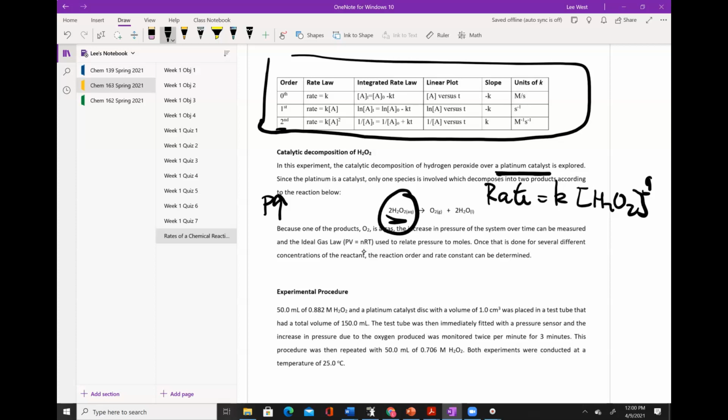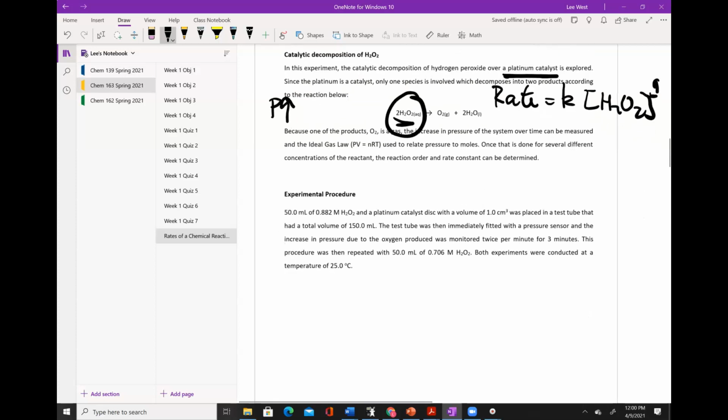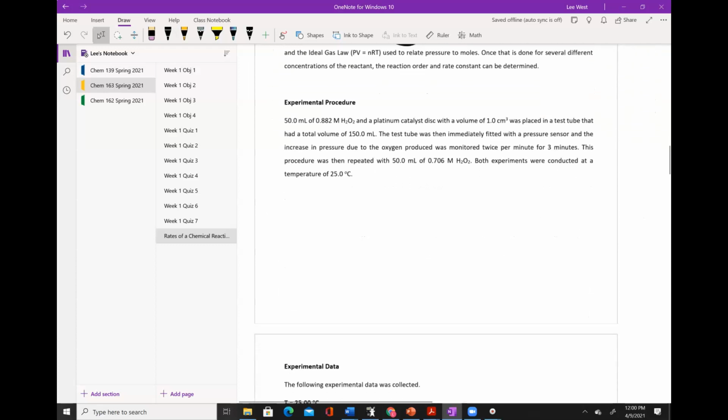I can do this for one experiment and use the method of integrated rate laws to determine k and the reaction order. And I can do this for 2 experiments with 2 different concentrations of hydrogen peroxide, and determine the rate of this reaction using the method of initial rates. So that's exactly what we're going to do.